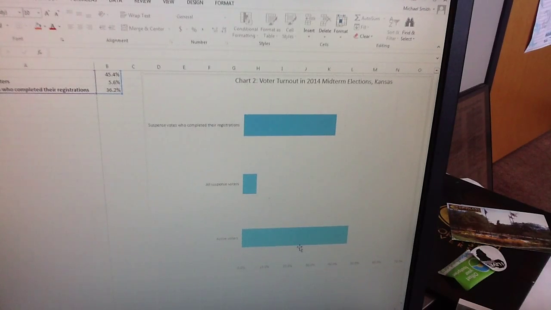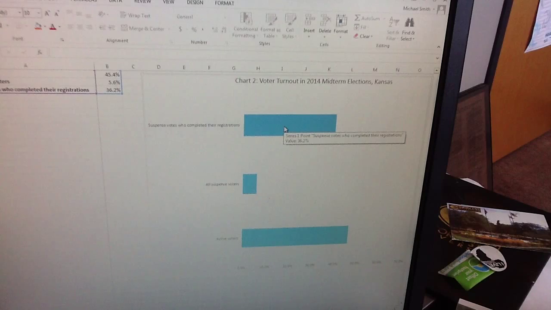That you will see right here, the bottom bar. Of suspense voters, the turnout rate in 2014 was 5.6%. Much, much lower. And this, of course, would only be the suspense voters who completed their registrations. The other ones wouldn't have been eligible to vote at all.